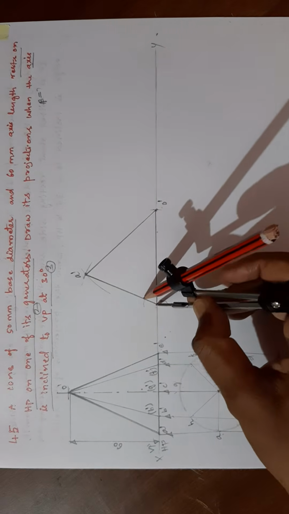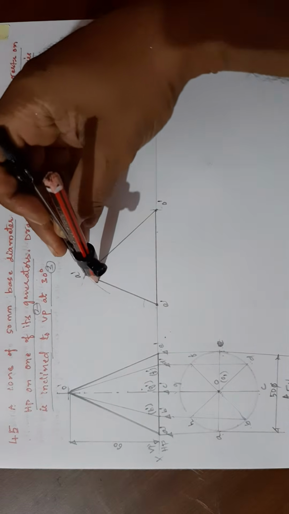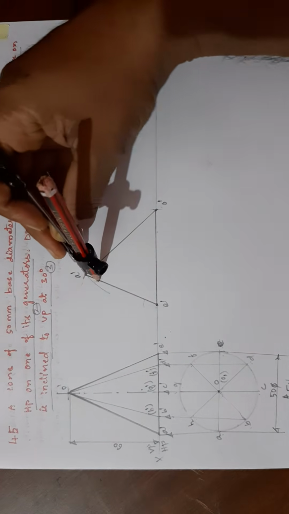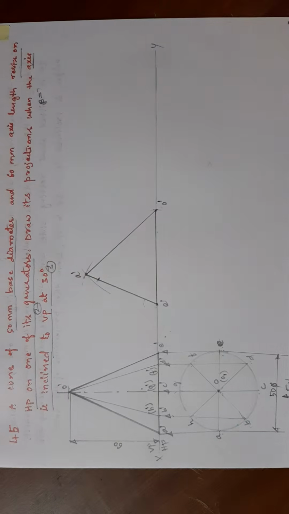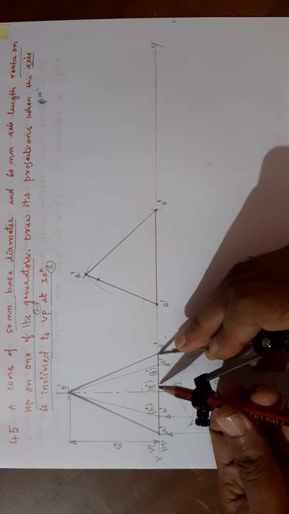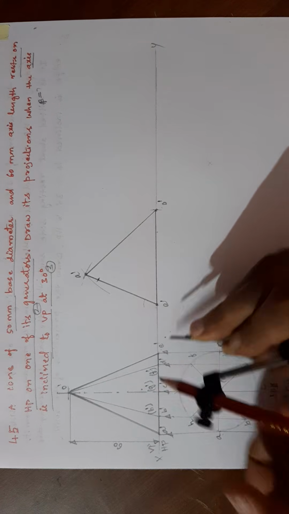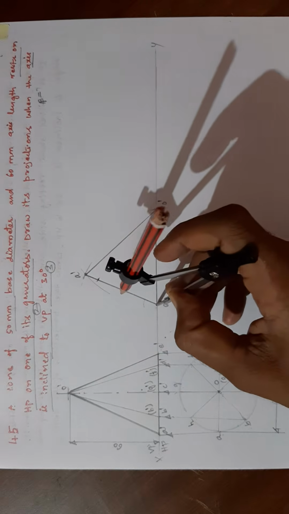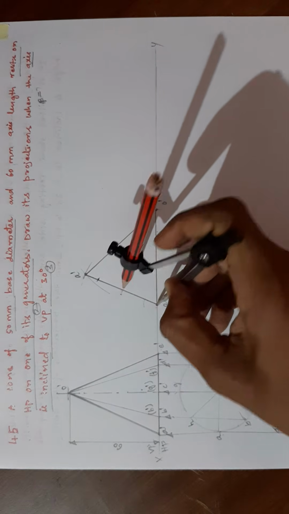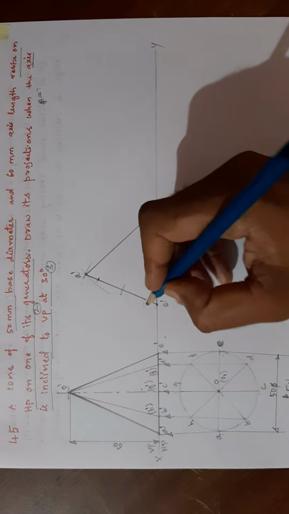Similarly, from this point, cut this. Similarly, E dash and the center point. So here, E dash, the center point. We'll get two more, four more.